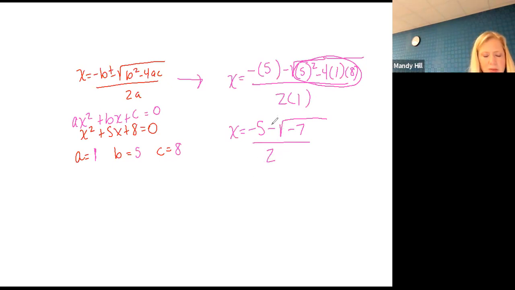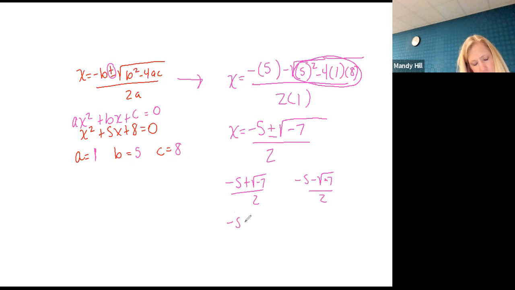So, and remember that this is plus or minus, and I'm getting that from the formula here. So we've actually got two answers. One answer is negative 5 plus the square root of negative 7 over 2. The other one is negative 5 minus the square root of negative 7 over 2. Okay, and we know from doing this that the square root of negative 7 is the square root of negative 1 times 7, which means i times the square root of 7.